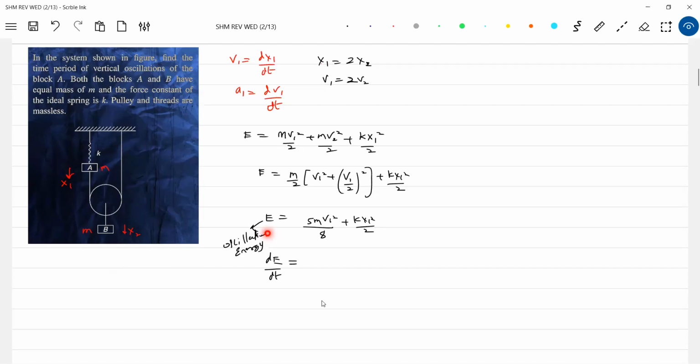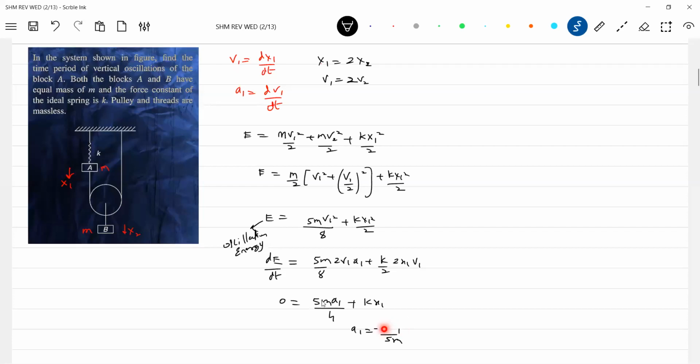That is nothing but oscillation, and that is going to remain constant. So this should be equal to 5m by 8. Four km, no?